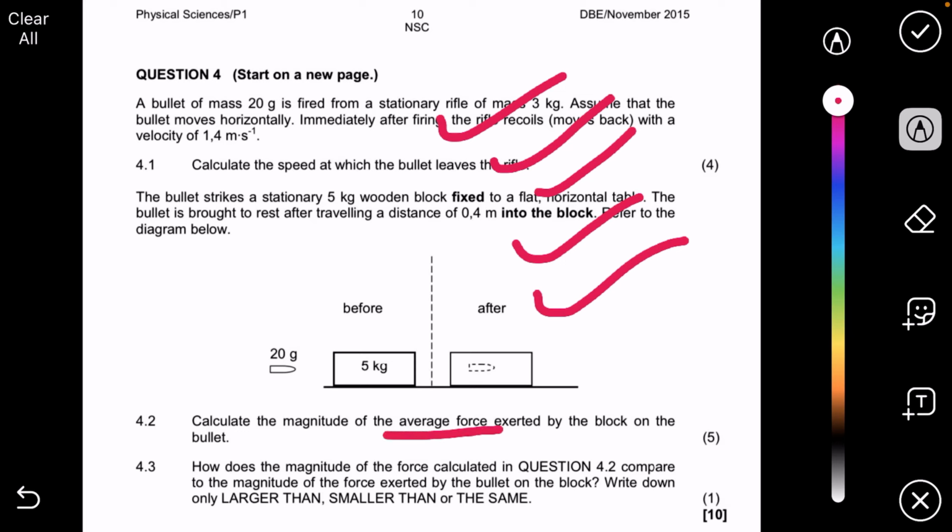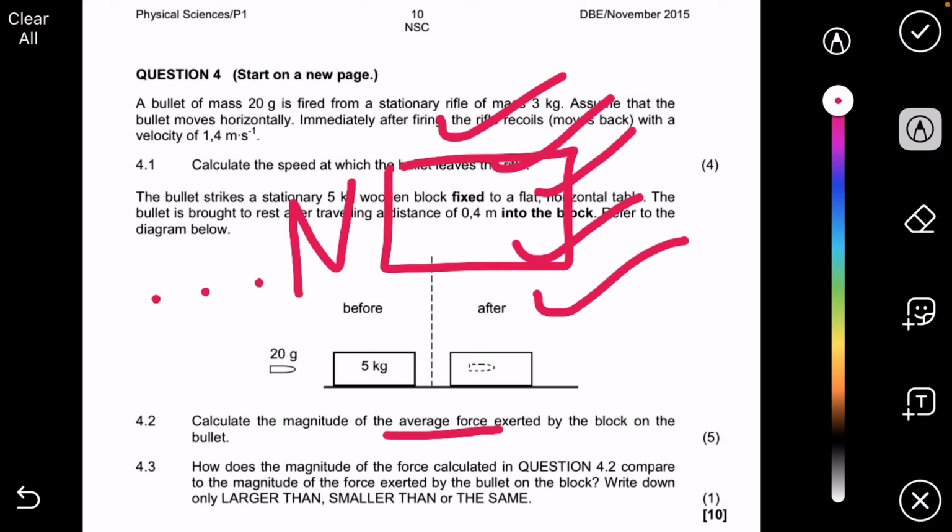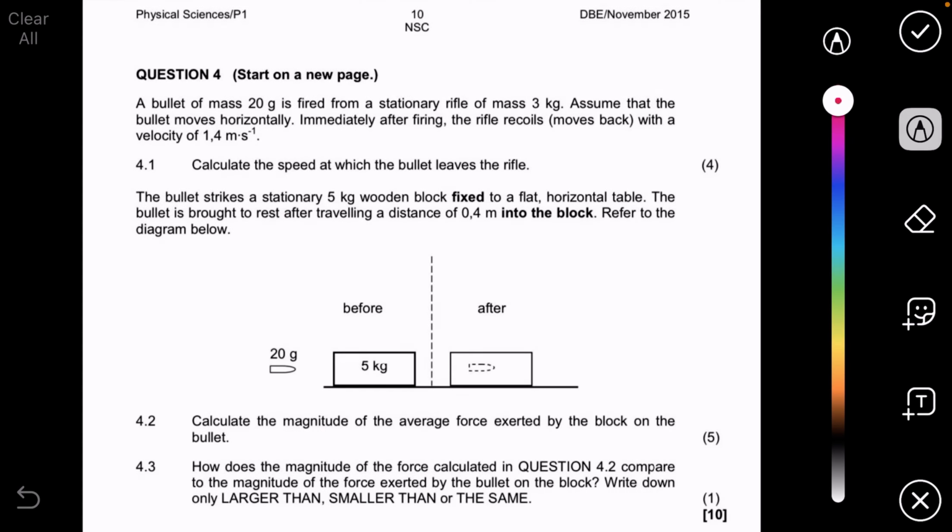You can still indicate which direction the force acts in. Force is a vector quantity, so it has both magnitude and direction. If the bullet is moving in that direction, it means the block is exerting a force in that direction. Let's now move to the next question.